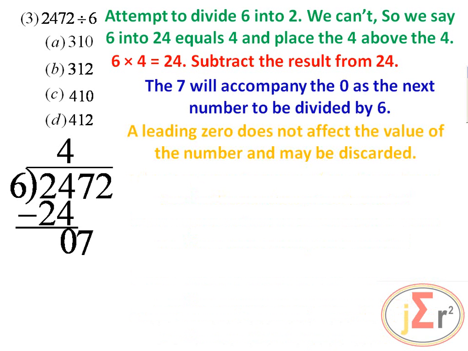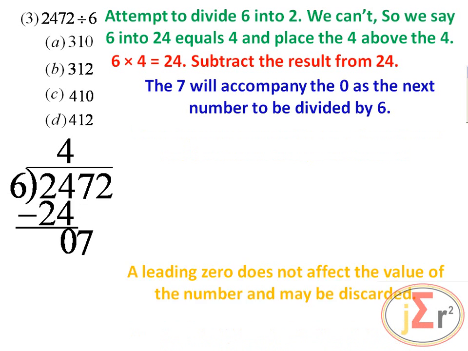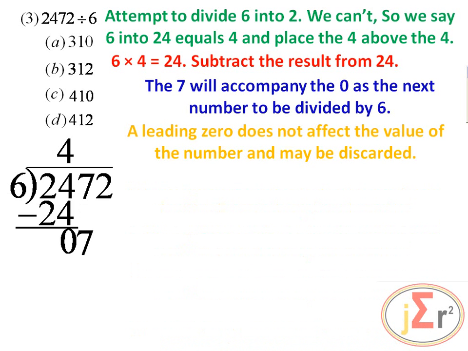A leading 0 does not affect the value of the number and may be discarded. So we may throw that 0 away. As Jerry said, we should bring the 7 down. So the 7 accompanies this 0 as the next number to be divided by 6.